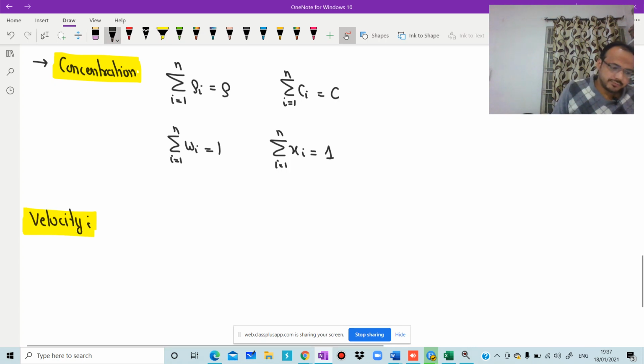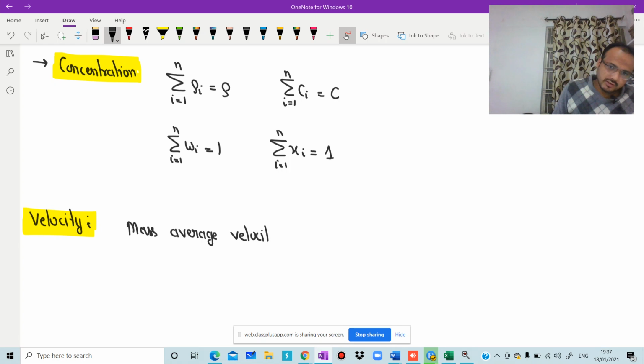Next, we have velocity. Again, we have two types. Mass average velocity: u is equal to 1 by rho, summation of i from 1 to n, rho i into ui.